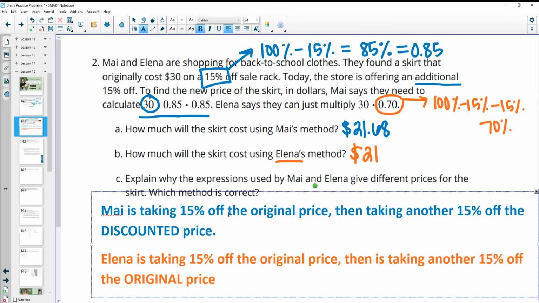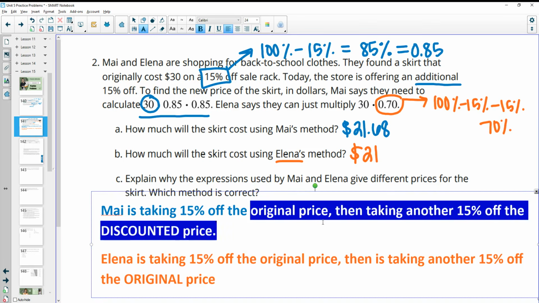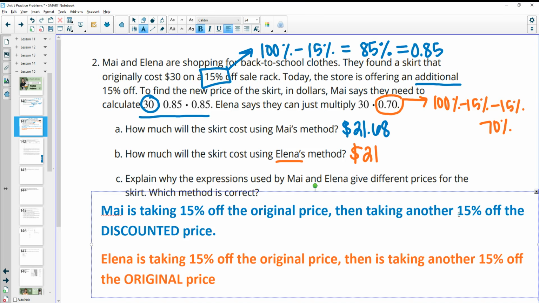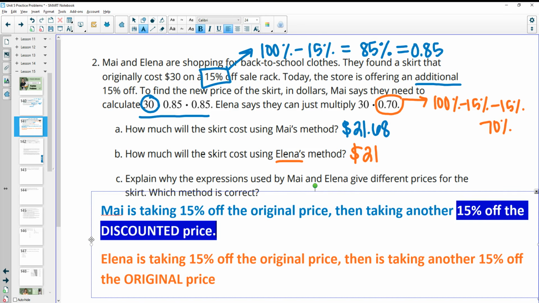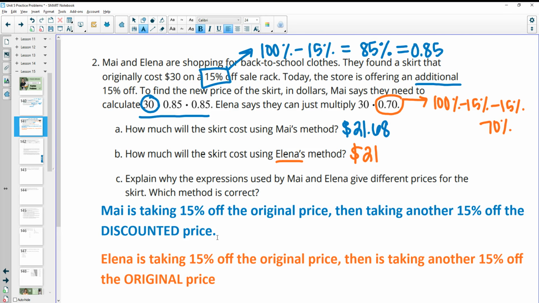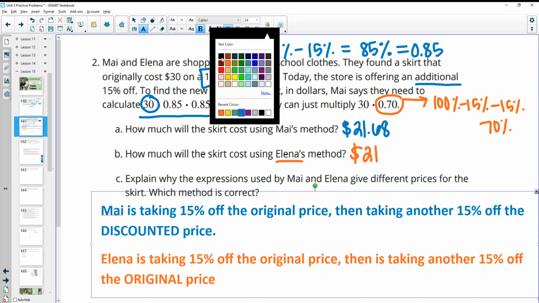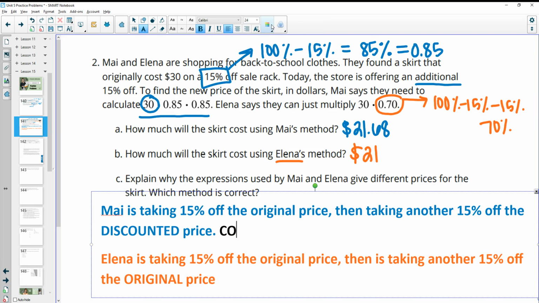Where Mai is doing 15% off the 30, then she's taking 15% off that new price. And that is the correct way. So Mai's is the correct way. Mai is giving an additional discount to the discounted price, right? So correct.